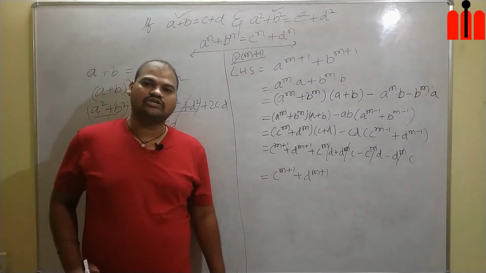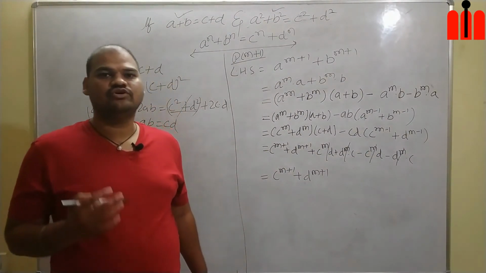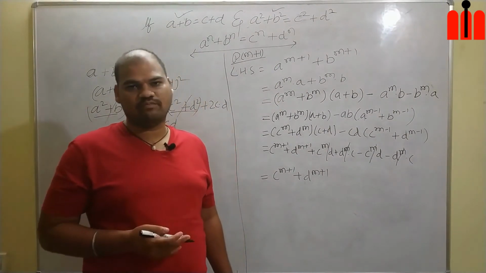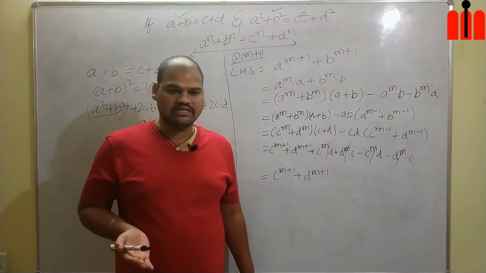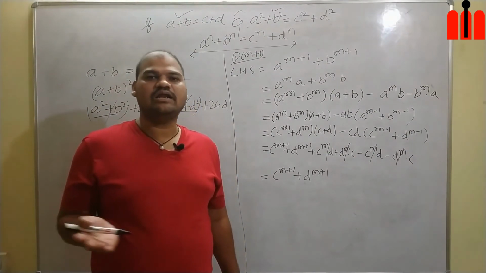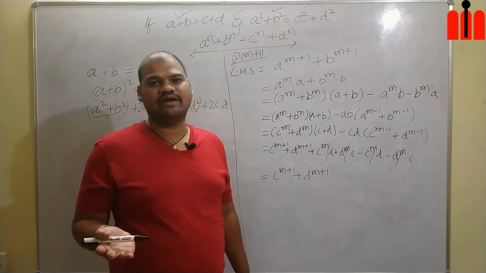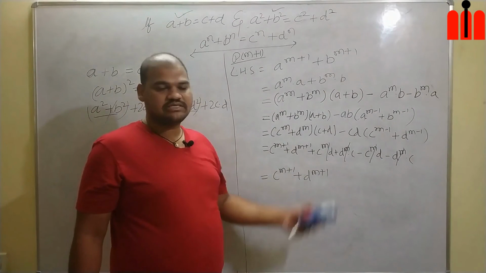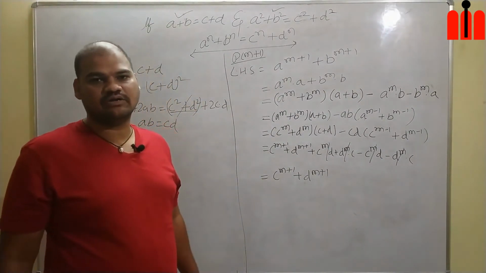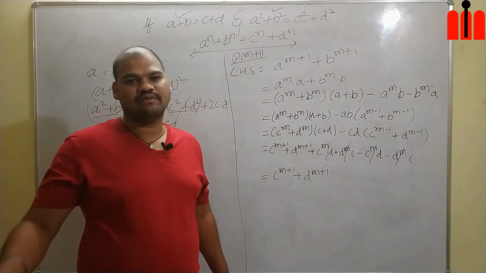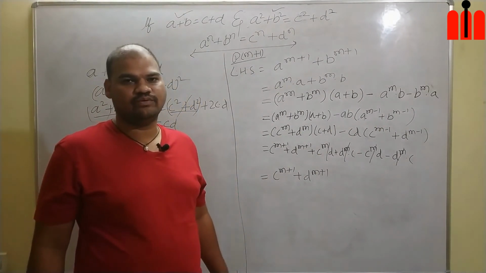Okay, so this is how we have to use the second principle to solve the problems where given data is given and a number of variables are involved in my mathematical statement. Okay, so with this I come to the conclusion that my P(m+1) is true, so hence my P(n) will be true, right?